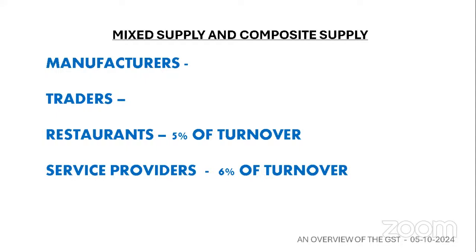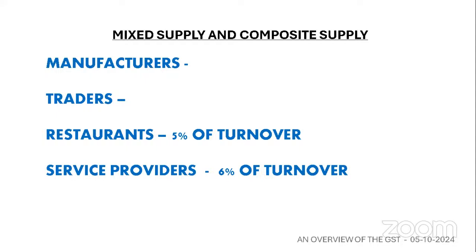In the composition scheme, the turnover limit in the case of manufacturers and traders is a maximum of 1.5 crore rupees. If your turnover is less than 1.5 crore rupees, you can opt for this scheme. For restaurants, there is no turnover limit. For service providers, there is a 50 lakh rupees turnover limit.